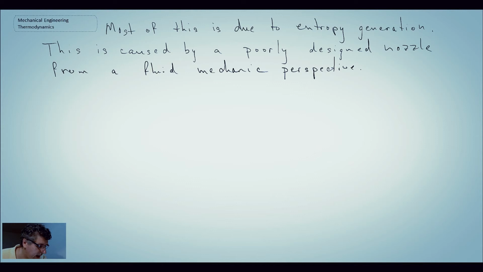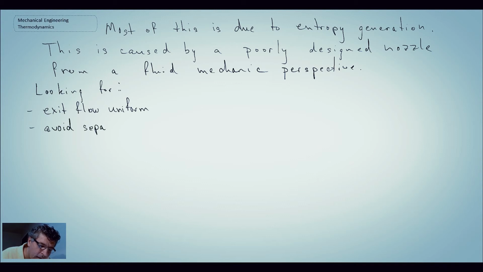So from a fluid mechanic perspective, what are we looking for? We're looking for a number of things. So you could say these are the design requirements. We want the exit flow from the nozzle to be uniform. We want to avoid separation inside of the nozzle.